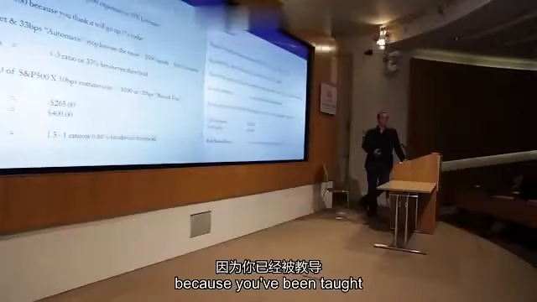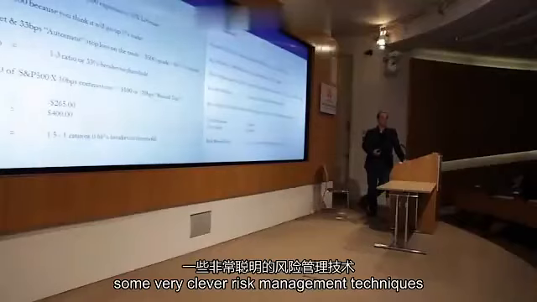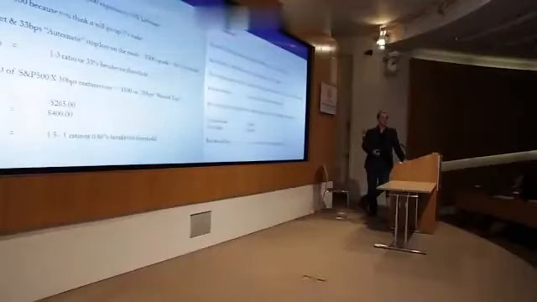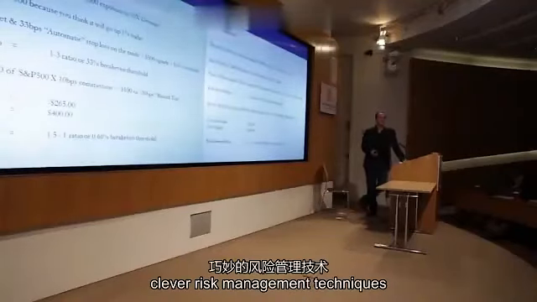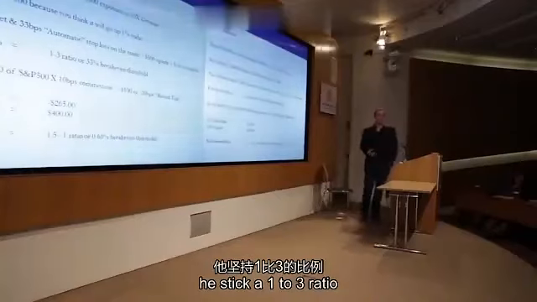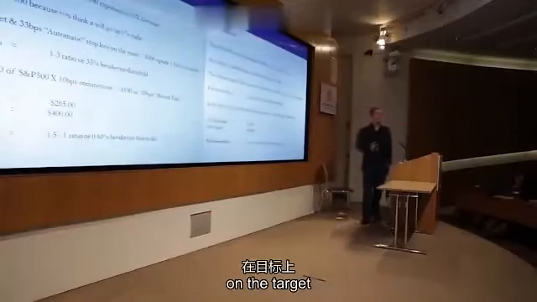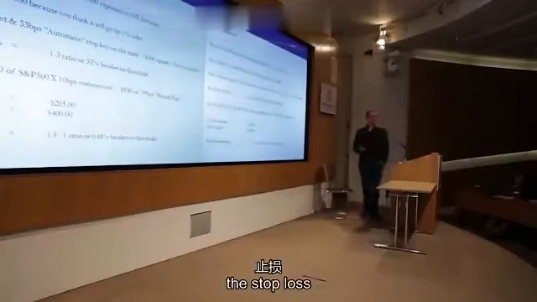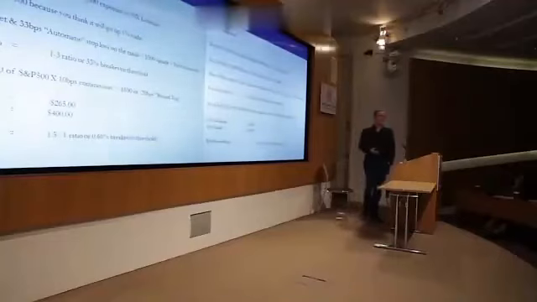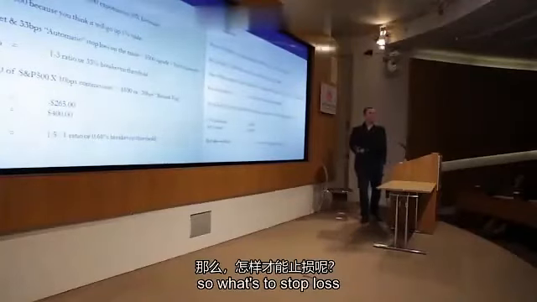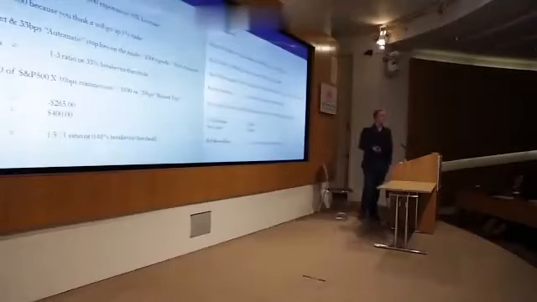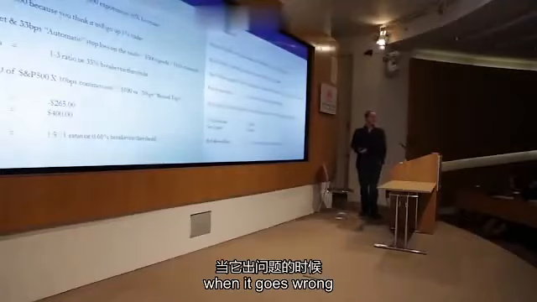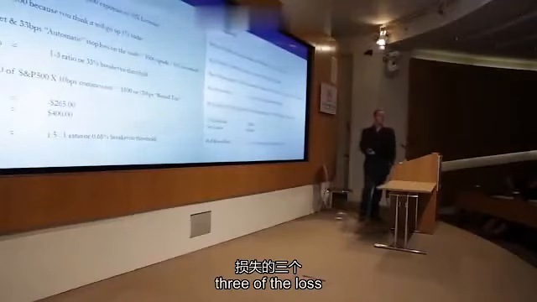Well, because you've been taught some very clever risk management techniques, or at least you think you've been taught some very clever risk management techniques, you stick a 1-to-3 ratio on the target, the stop loss compared to the target. Yeah? So what's a stop loss? You automatically trade out when it goes wrong for 0.33 of a loss.